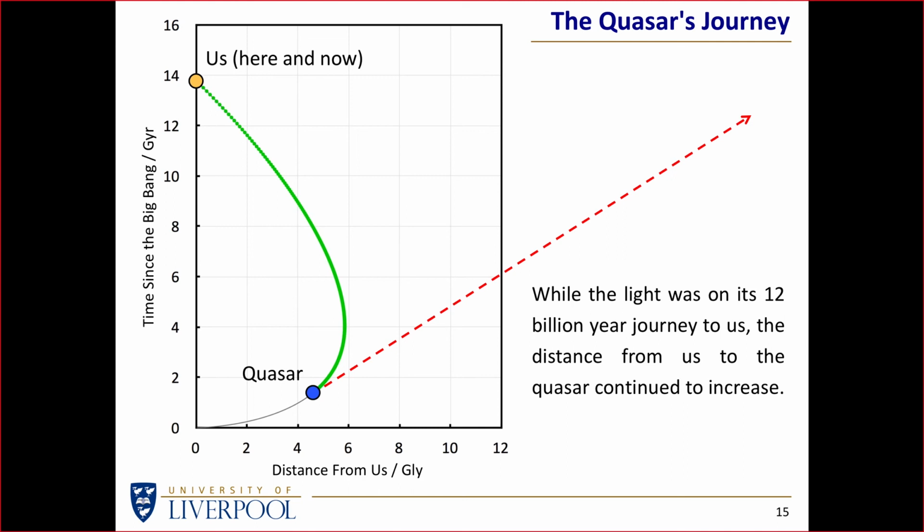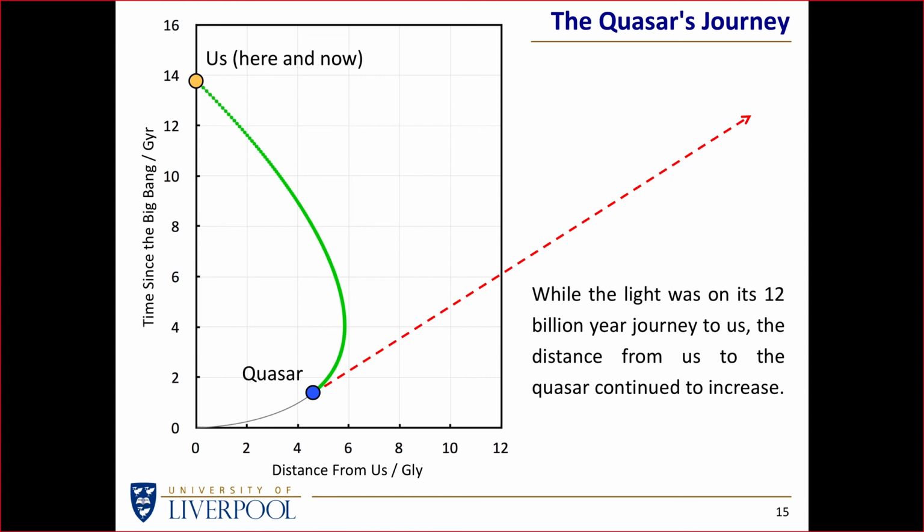I've shown it as a dotted line, and more importantly, I've shown it as a straight line. Strictly speaking, that's not quite right, because due to the way the universe is expanding, the speed at which the quasar is receding from us is changing slightly. So the gradient of that line, of course, we've got distance and time here, so the gradient gives us the velocity.